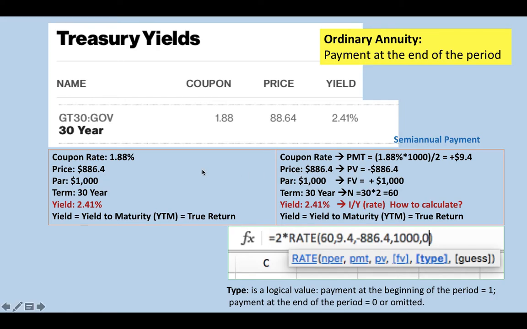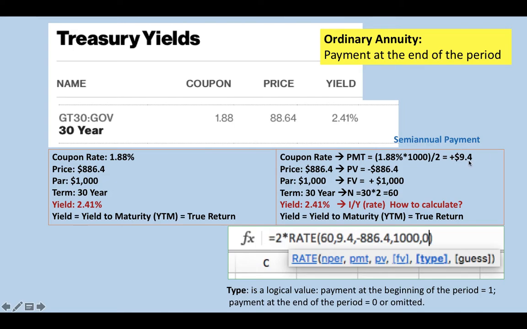Let's convert this information so you can plug it into your financial calculator or Excel. The coupon rate is 1.88%. If your par value is $1,000, you buy $1,000 of this 30-year government bond. They give you an annual coupon payment of $18.80, but they pay you every 6 months, so you get a coupon payment of $9.40 every 6 months.